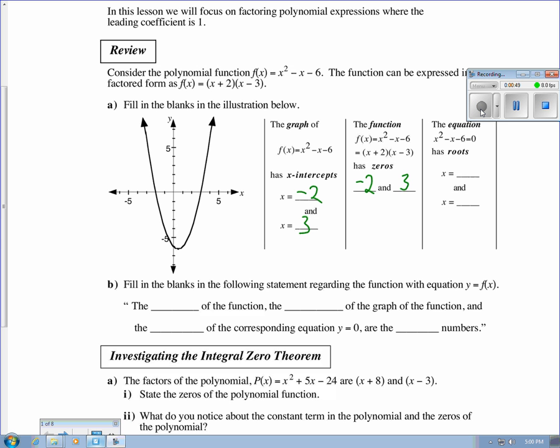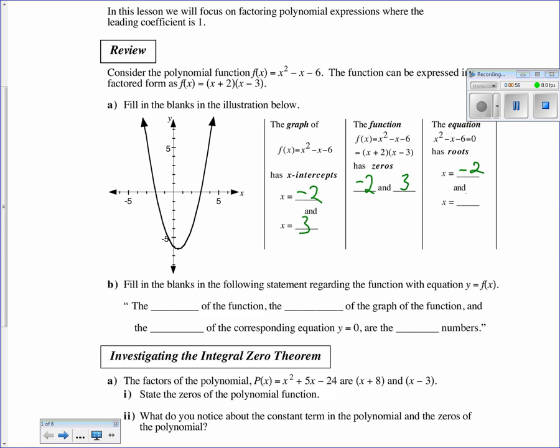Because this equation can be factored into two binomial factors, I recognize that those numbers are also -2 and 3. So the zeros of the function, the x-intercepts of the graph, and the roots of the corresponding equation are the same numbers.